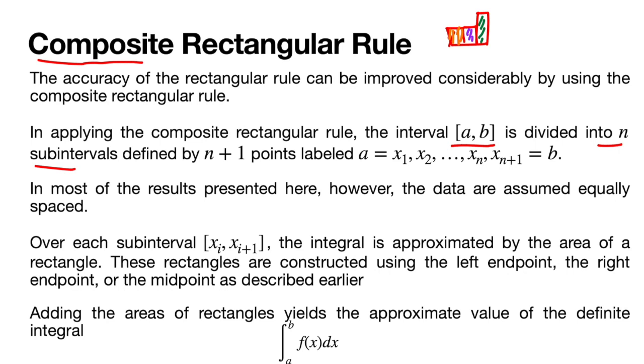But the points are n plus 1: this one is 1, this one is 2, 3, and 4. So the number of points is one more than the number of intervals.